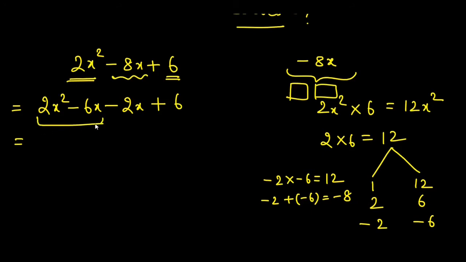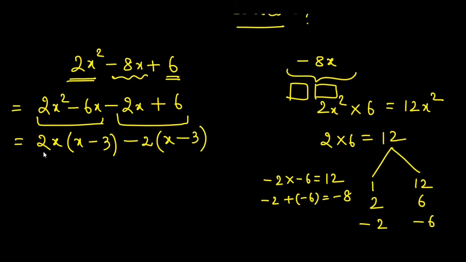Let us consider these two terms as one group and these two as another group. The highest common factor of the first group is 2x. By taking 2x as common, we remain with x minus 3. In the second group, we can take minus 2 as common factor, and we remain with x minus 3.